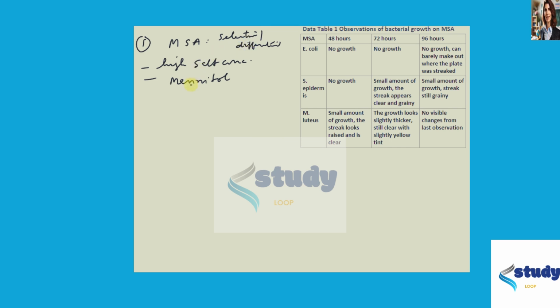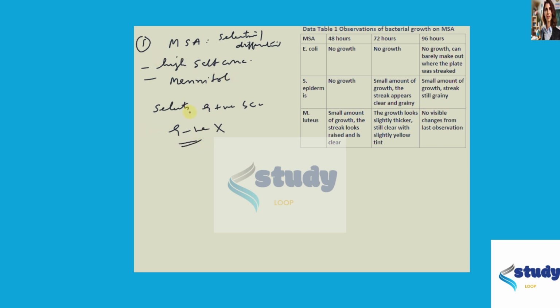This media selects certain species of gram-positive bacteria which tolerate the high salt concentration, while it discourages the growth of gram-negative bacteria because they cannot tolerate the high salt concentration.